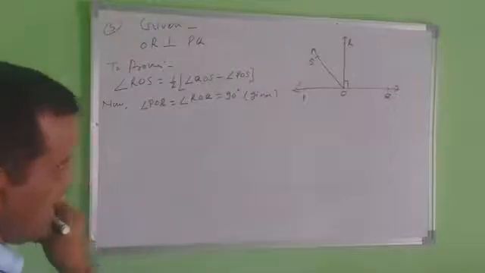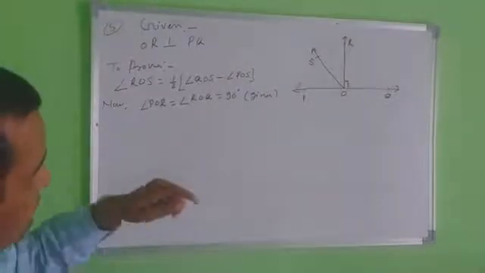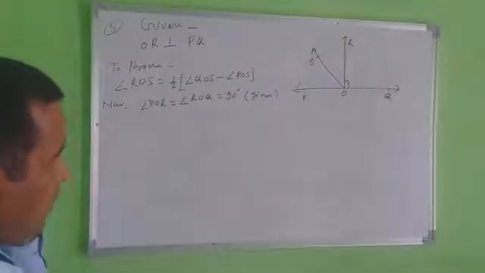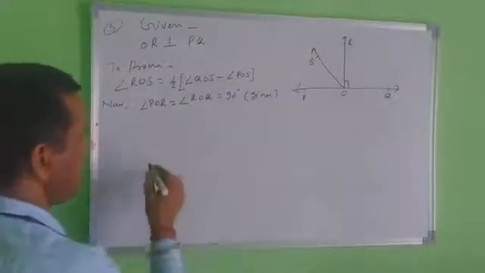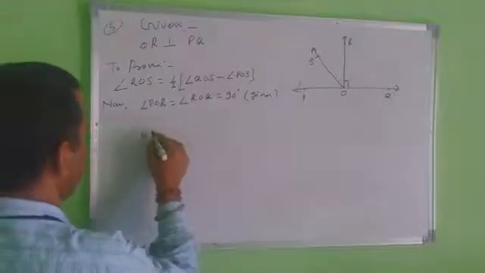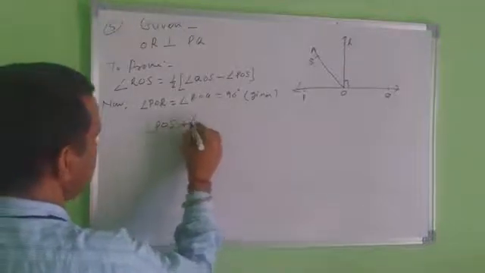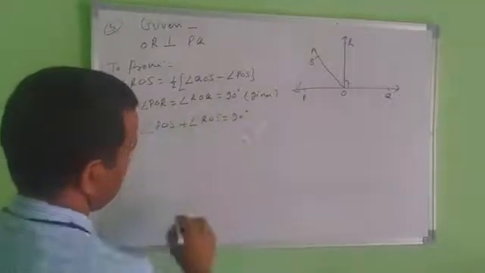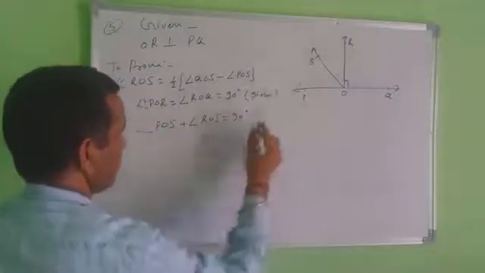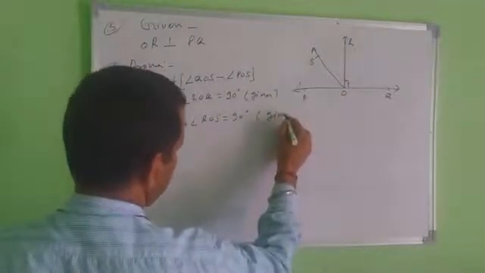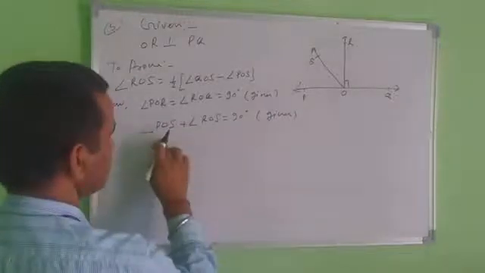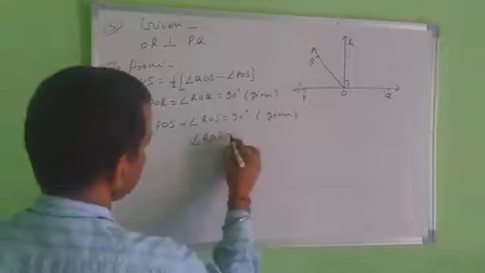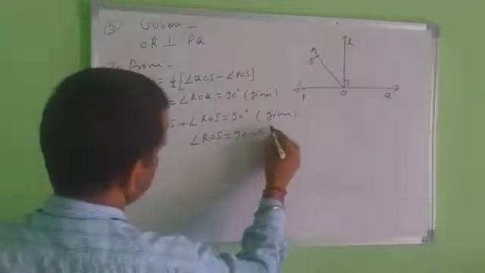Next, you measure these two angles: angle POS plus angle ROS equals 90 degrees, because the sum of these two angles is 90 degrees. After this, you require ROS, so you write angle ROS equals 90 minus angle POS.